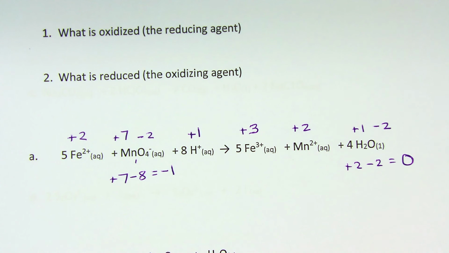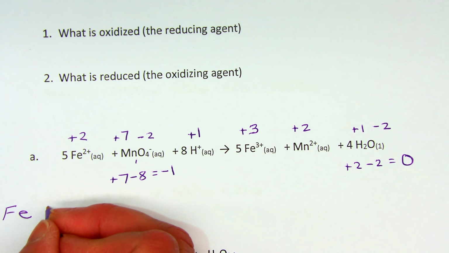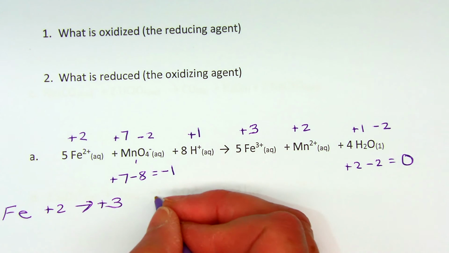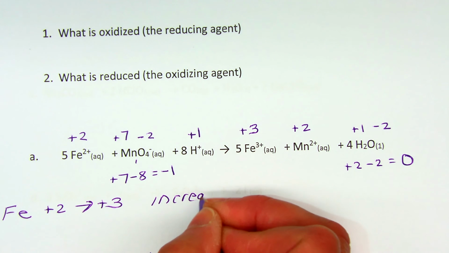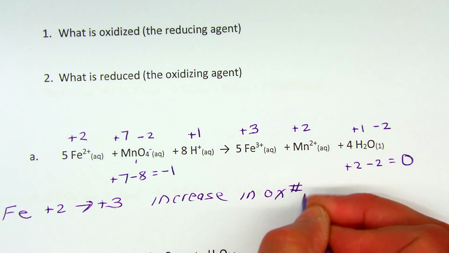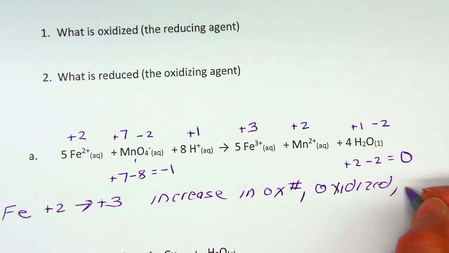So now when I look at this to see what changed, iron went from a plus 2 to a plus 3. So that shows an increase in oxidation number, so it is oxidized, which makes it the reducing agent.